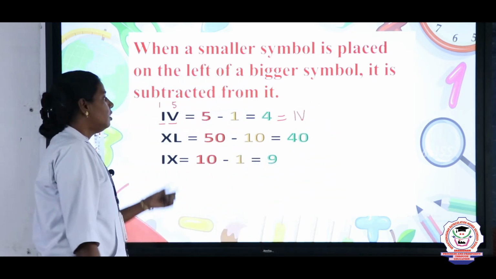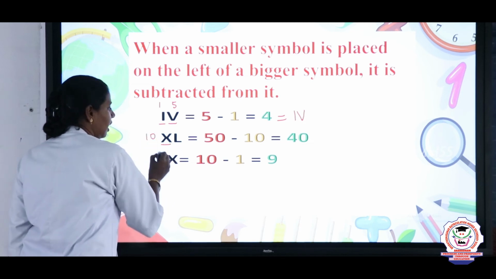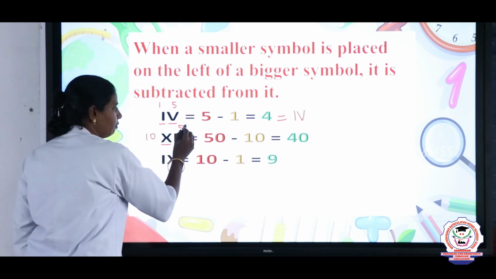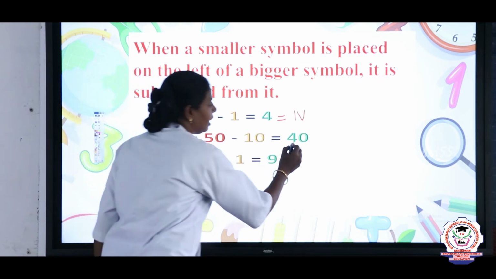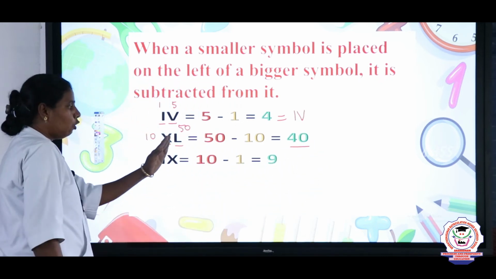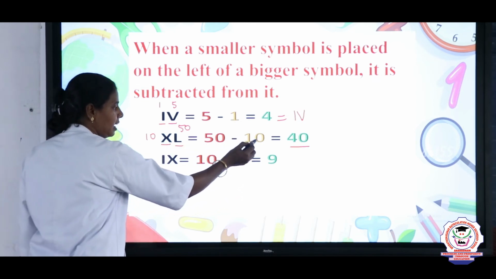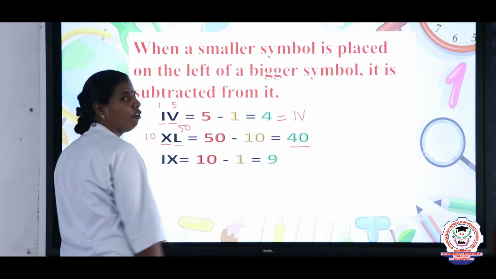Is it clear? So, the next is X stands for 10 and L stands for 50. Now, we are going to write the answer for 40. When the smaller symbol is placed to the left side of the bigger symbol, it is subtracted, which is 50 minus 10. 50 minus 10 is 40.